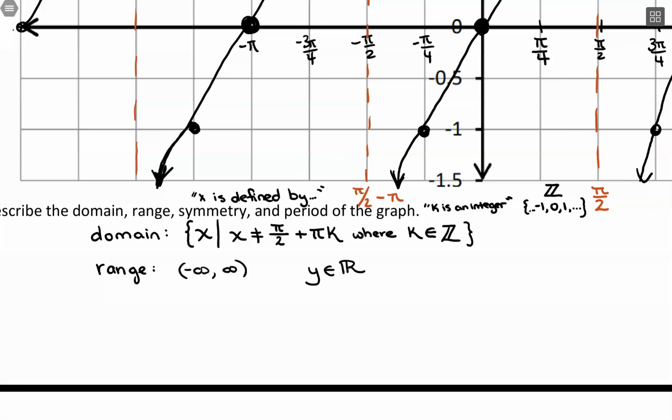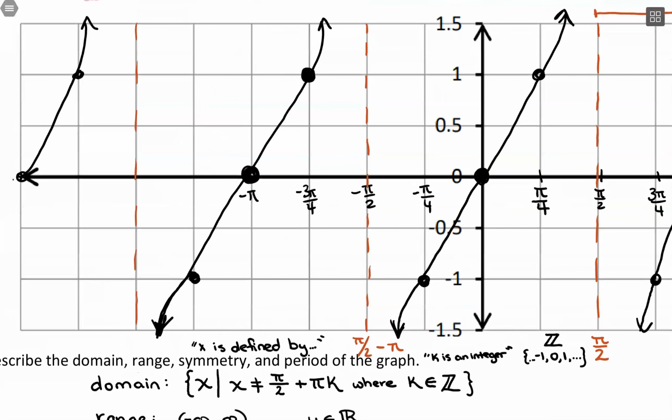So all real numbers. All right, in terms of symmetry, what we're looking for is basically symmetry either across the y-axis or about the origin. We talked about even and odd functions previously, and we're just going to revisit that.